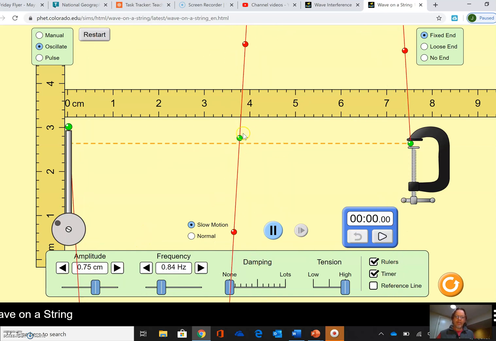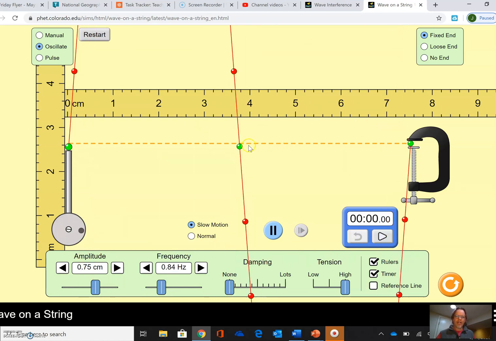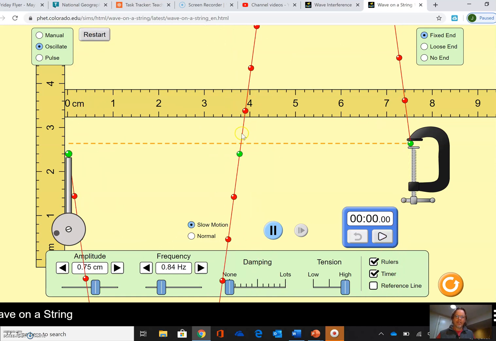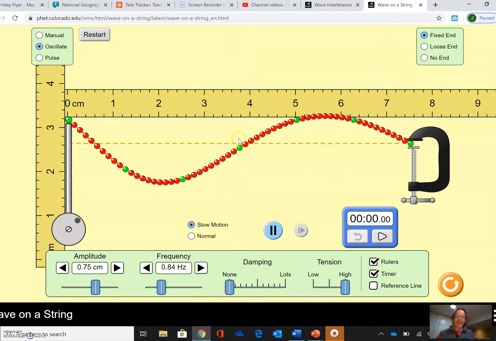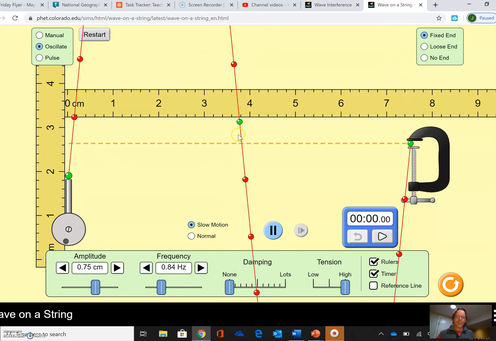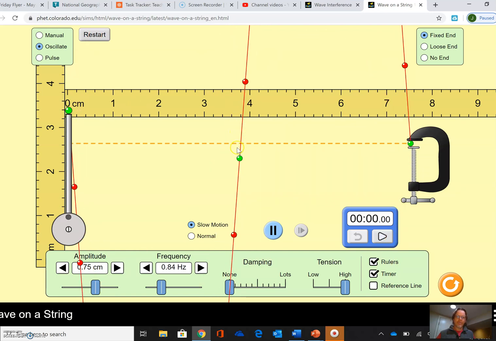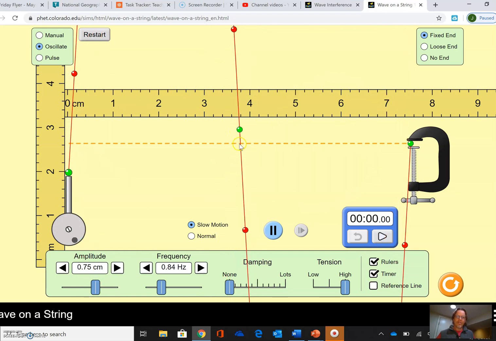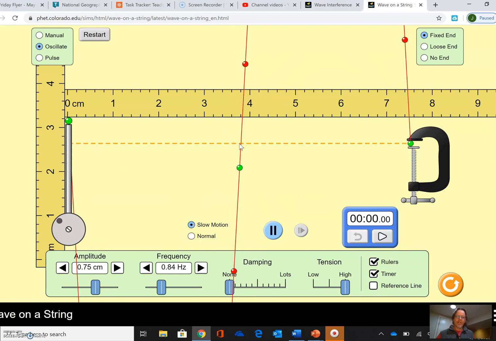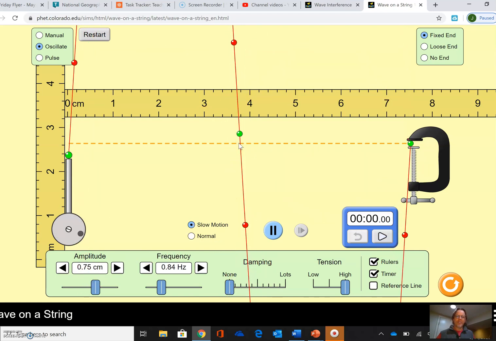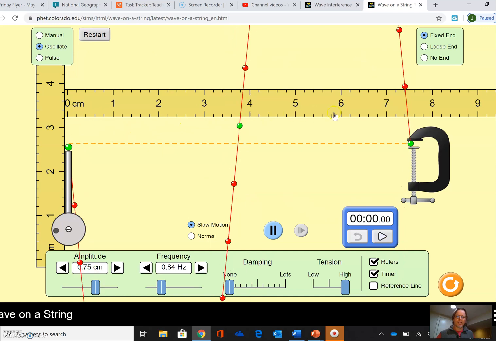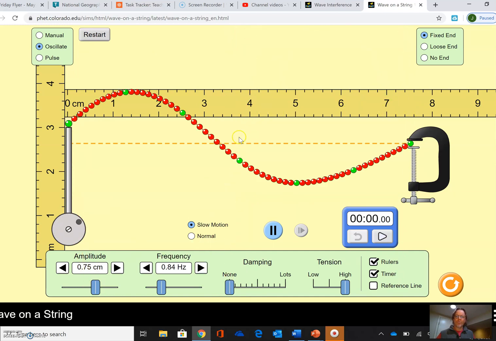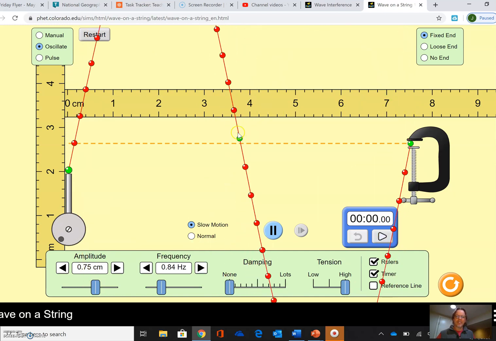But what happens right here in the middle, halfway between, at 3.8 centimeters, in this area right here, we have destructive interference. This is where the peak always meets the trough. As the peak is coming this way, it's always meeting the trough here, and whatever size it is, they cancel themselves out.